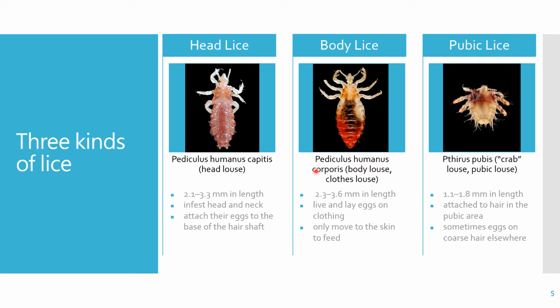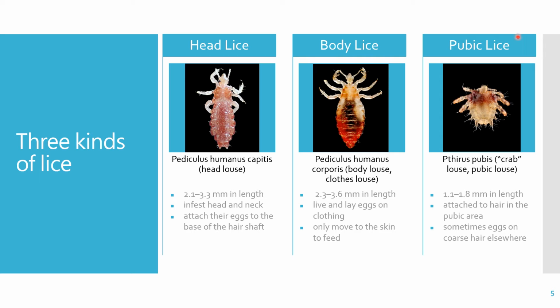Body lice, Pediculus humanus corporis, named body louse or clothes louse. Bigger size. They live and lay eggs on clothing. They move by crawling only. They cannot hop or jump.